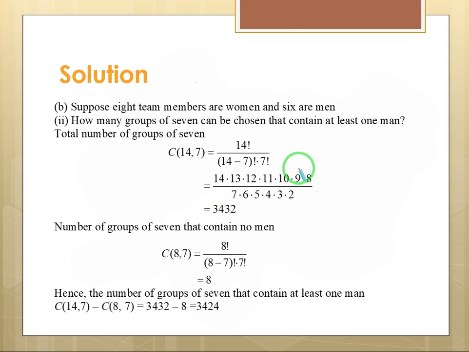Hope you understood how this is solved, because we need a group of 7 members which have at least one man. This is totally about women, and how many possibilities of women are there, which is 8. So this is subtracted from the total number of combinations, and this is your result.